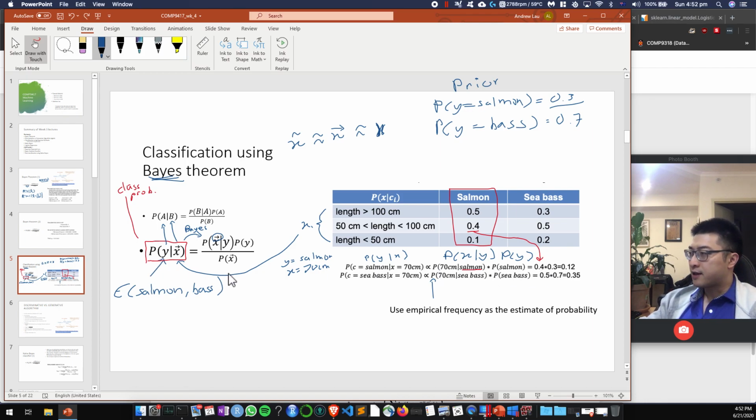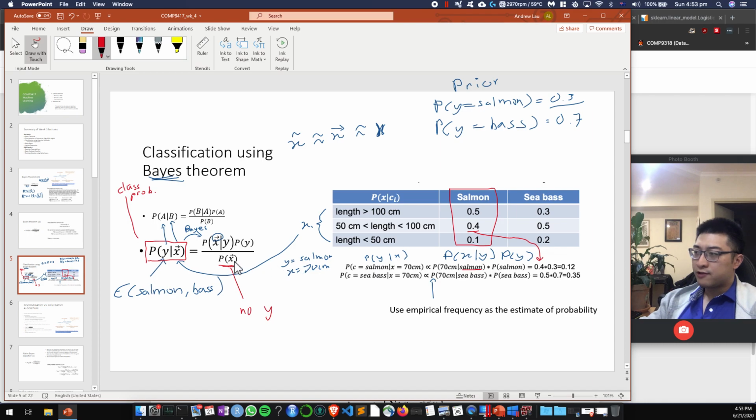Now you might be asking, hold on, wait a minute, that's all well and good, but where is the denominator? Where is this p of x? Now this is why this symbol is here. This means proportional to, because this does not change. This denominator here, the probability of seeing the features, notice how there's no y in there.